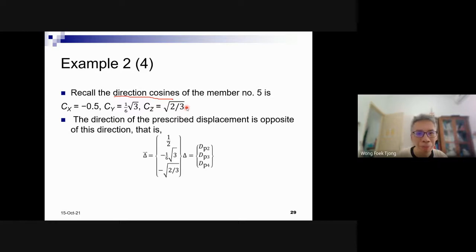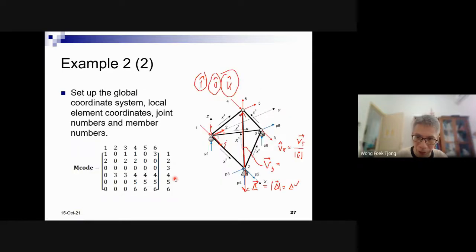Do you remember direction cosines in mathematics? Okay, so this is our vector delta, the displacement vector or the support motion. The components are the same as this one, except opposite, because this vector is in this direction, but this one is in the opposite direction.